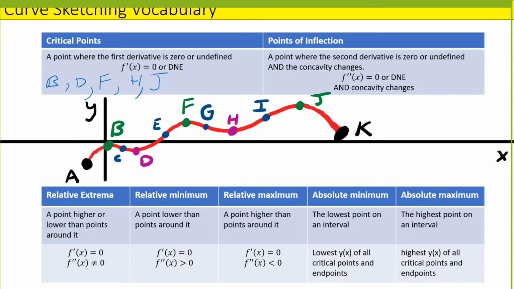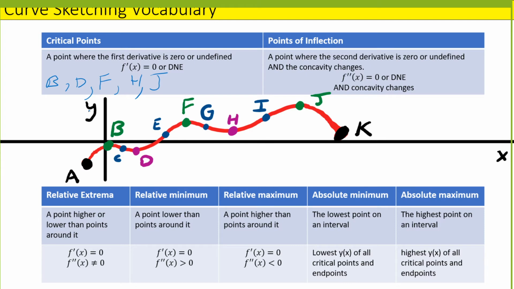Kelly, what are my points of inflection? B. Say one more time, I'm sorry. B. B is a critical point because our slope is 0.